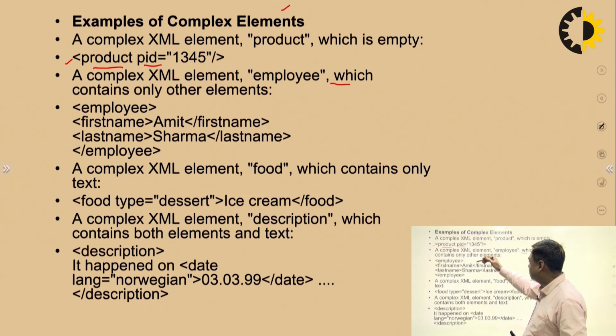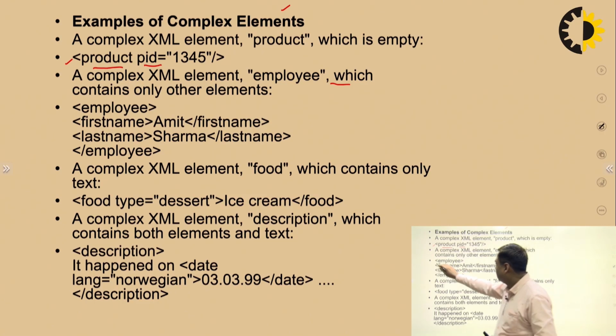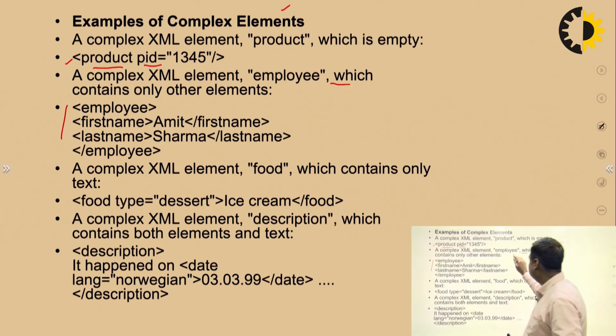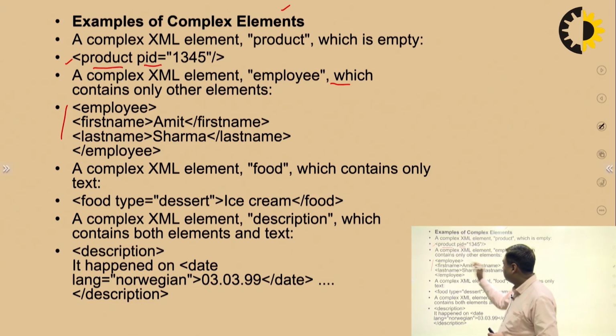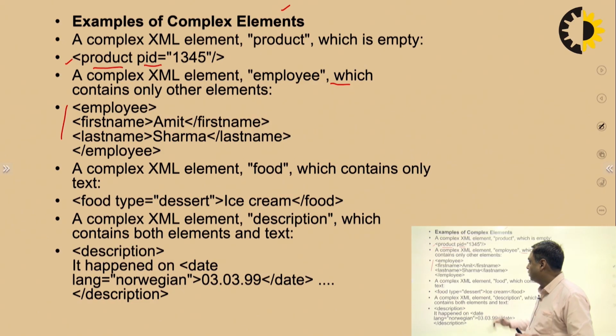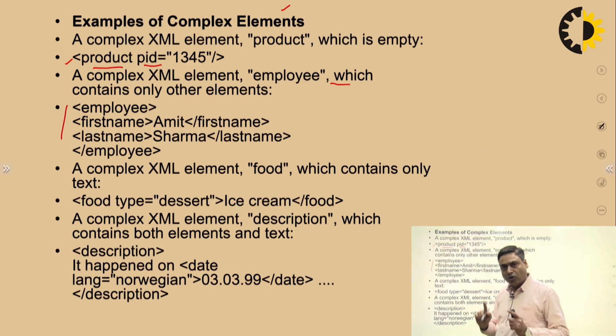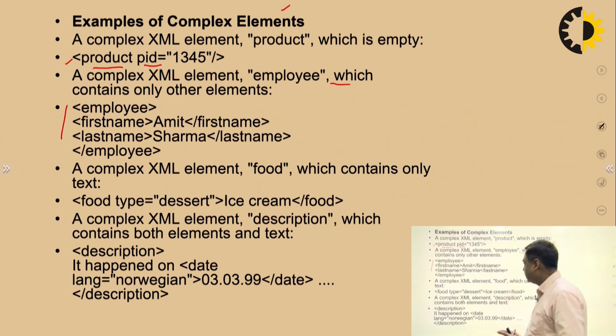Next is the second part. We have the employee element, and within the employee element, we have some other elements: first name and last name. So, we call employee a complex element. Remember, employee is the complex element.